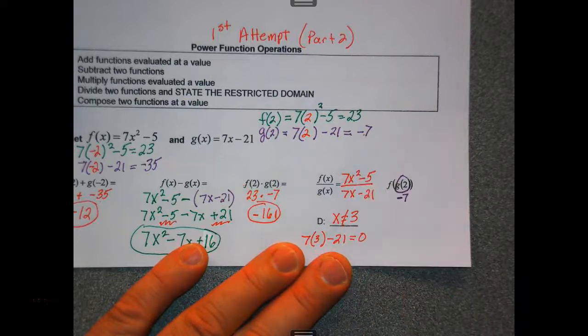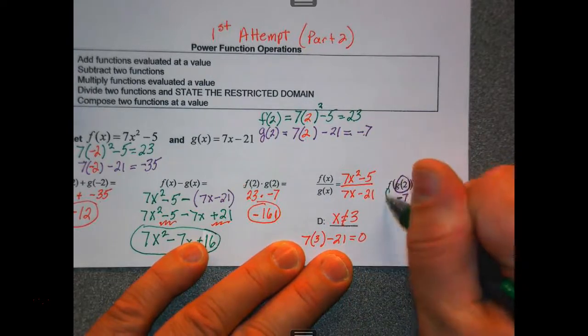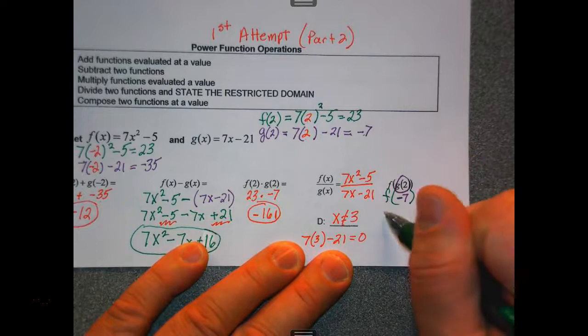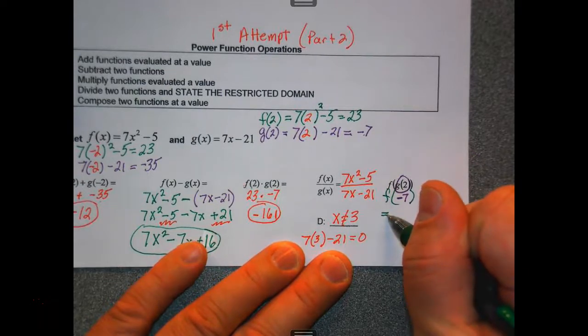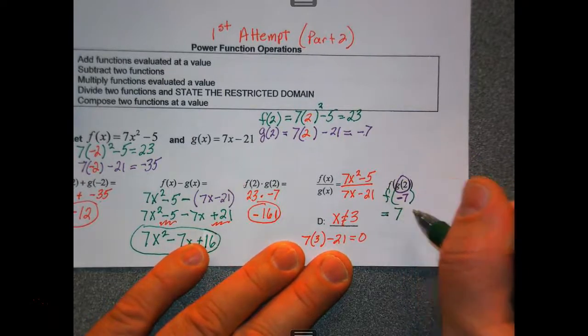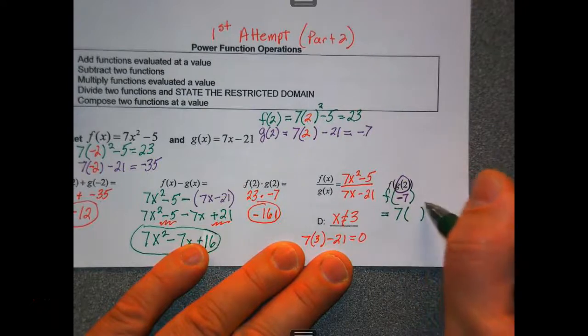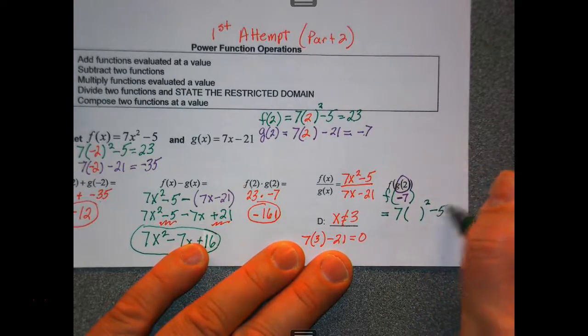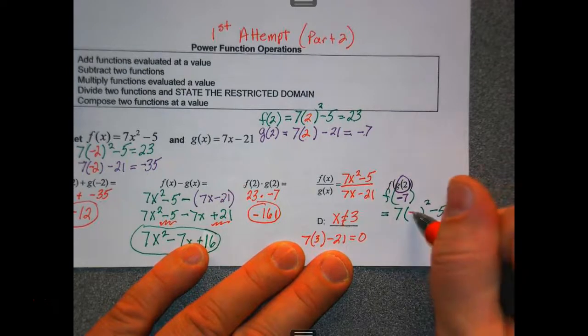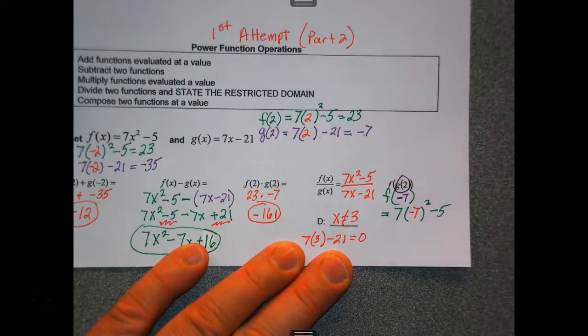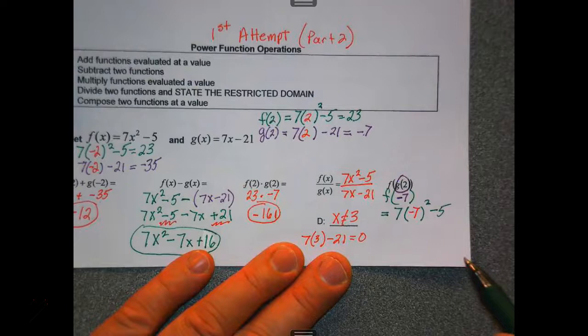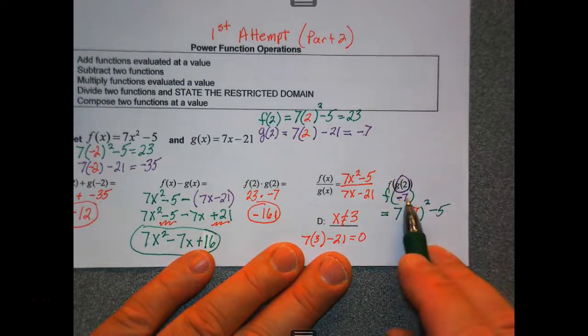So I have the f of negative 7, which equals 7 times negative 7 squared minus 5. Yeah, because it's negative 7, so that goes for my x.